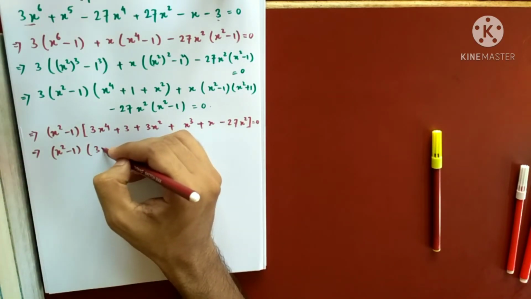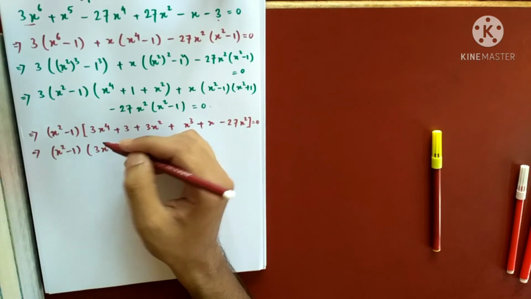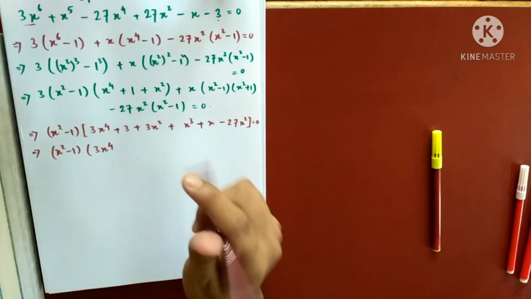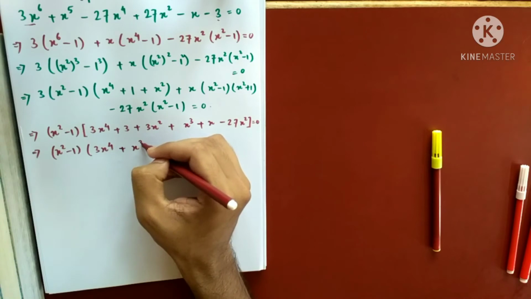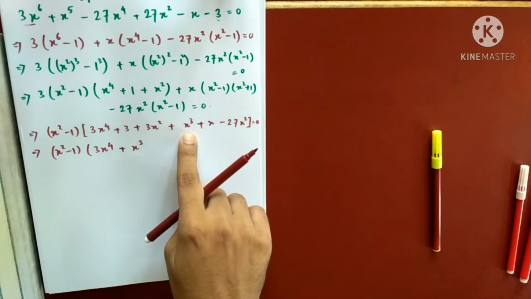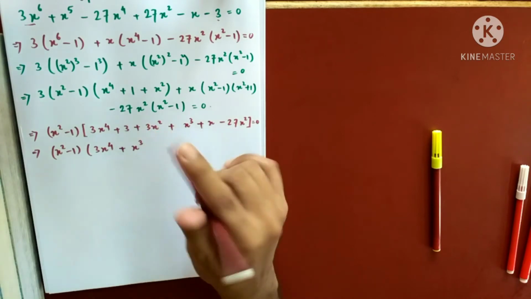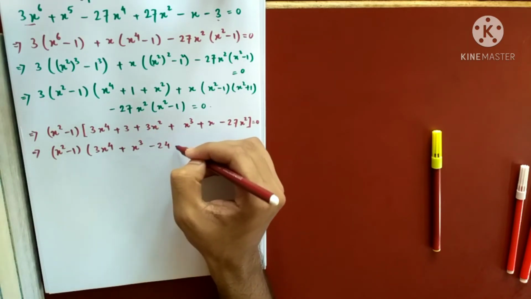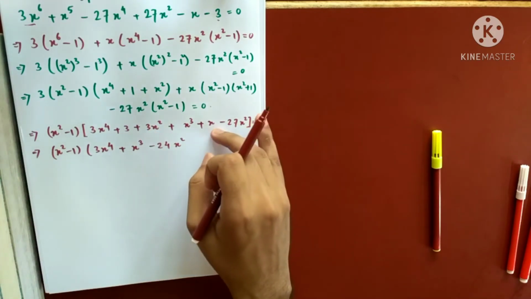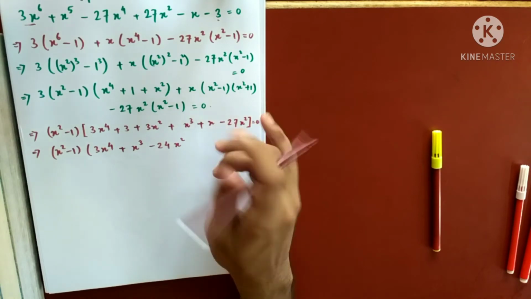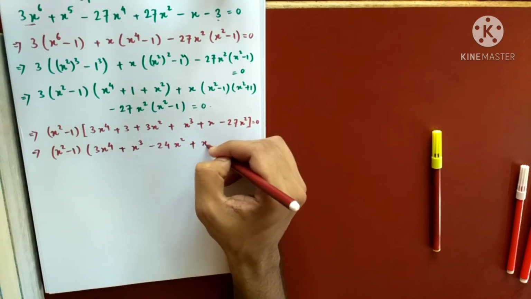So 3x to the power 4 plus x cube, then 3x square minus 27x square, that is minus 24x square. X is just x and 3 is just 3.